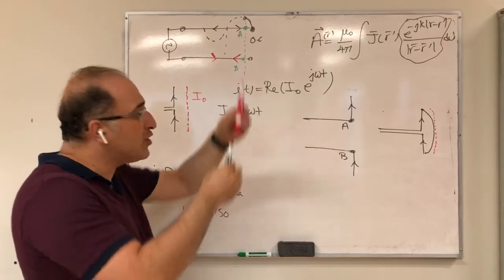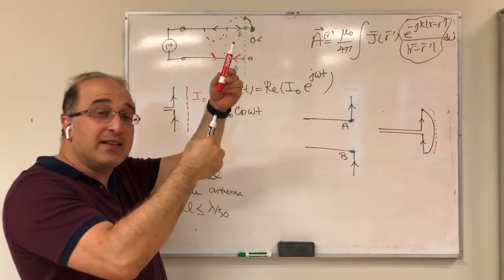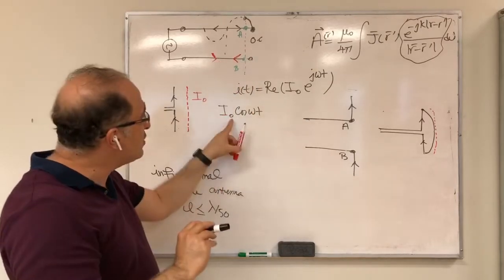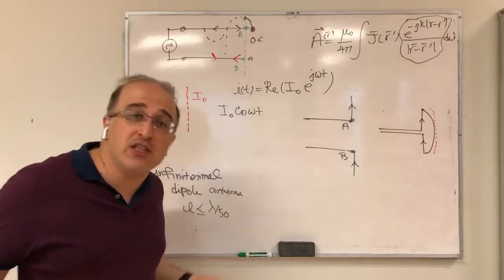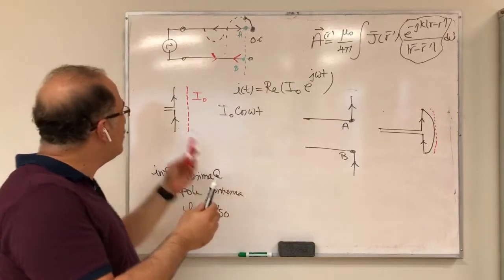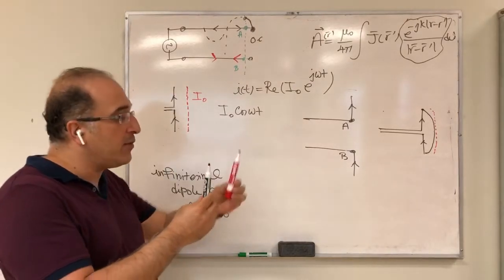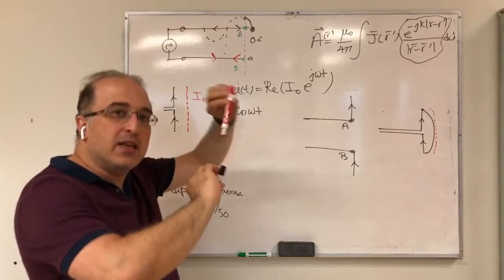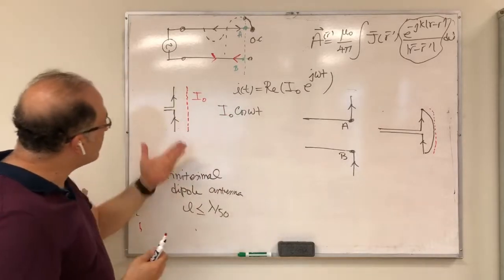Now, if you change the time, the current may reverse direction, but the key thing here is that they would be together again, because you have a cos of omega t, it changes the sign. So if you look at the current at a certain time, they're doing this. At a different time, they're doing this. So that's essentially the current situation here.